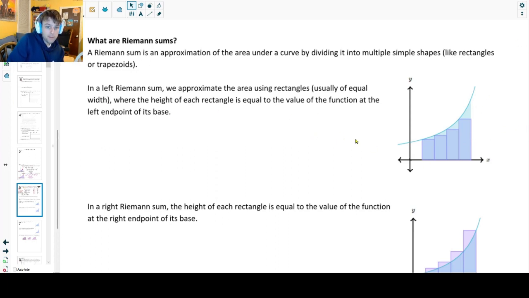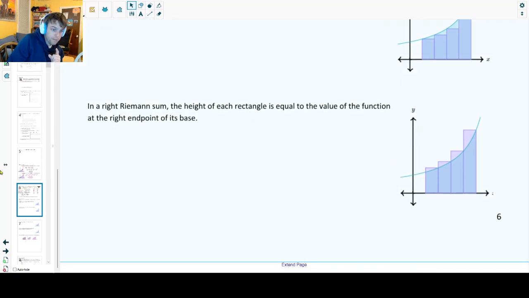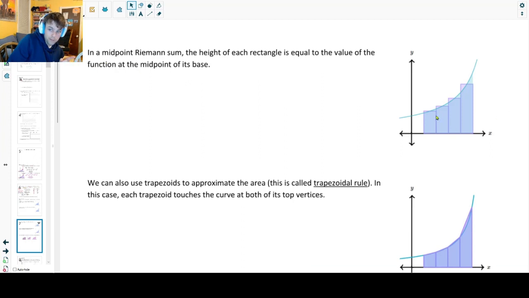In a left-hand Riemann sum, we approximate the areas using the left side of the interval to determine the height where it hits the function value. In a right-hand Riemann sum, we use the right side of the interval to determine where it hits the function there. And then finally, in a midpoint Riemann sum, we use the exact middle of our intervals, and where that is, that gives us the height of our rectangles.